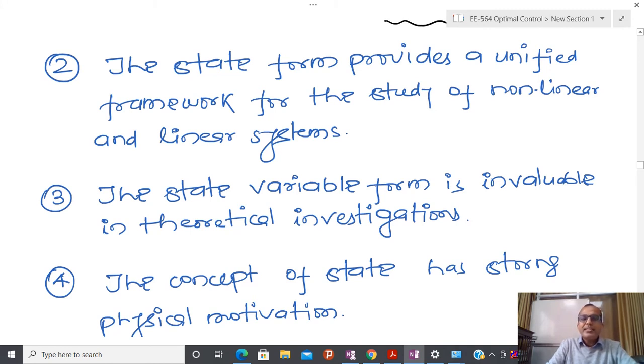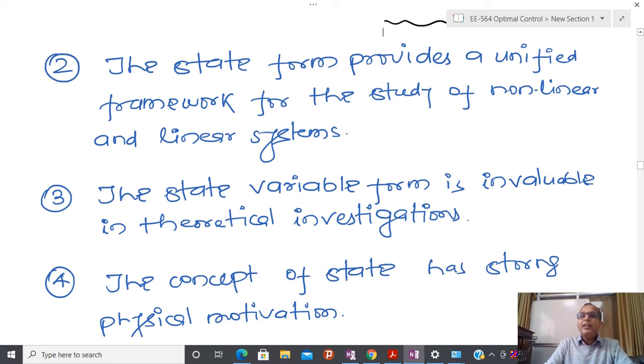After that, you can see that the state space form provides a unified framework for the study of nonlinear systems as well as linear systems. But the frequency domain approach or other approaches are limited to linear systems. So that is another beauty: using one framework you are able to understand a large class of systems.